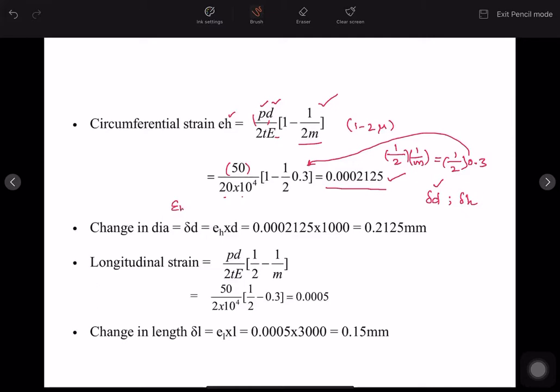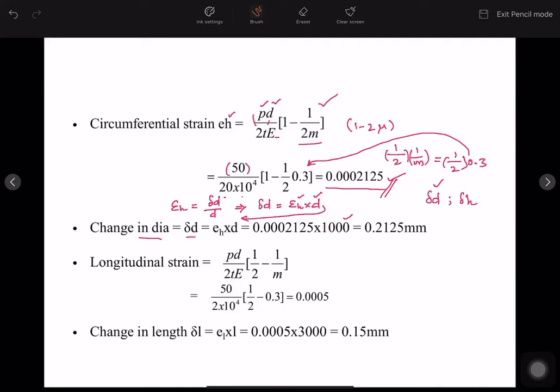So epsilon H equals change in diameter by original diameter, and change in diameter equals epsilon H into D. Here we have epsilon H, and D, the internal diameter, already given as 1000 mm.